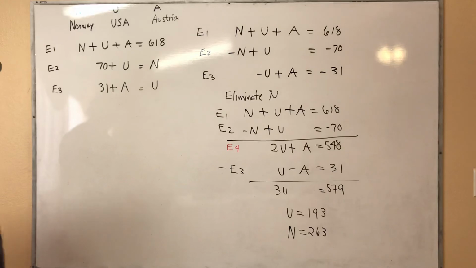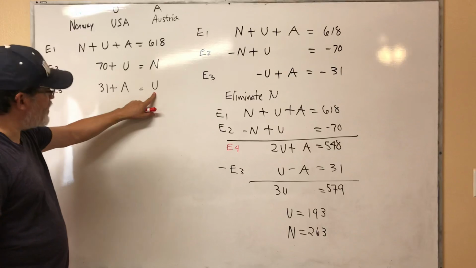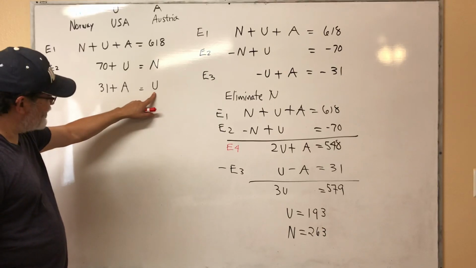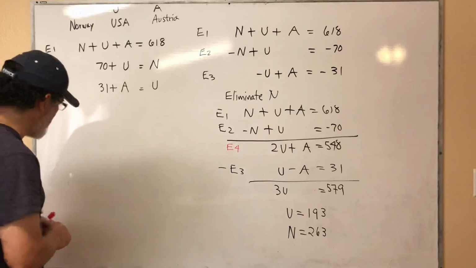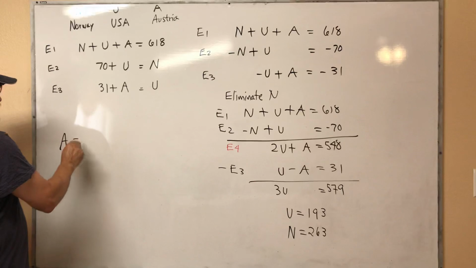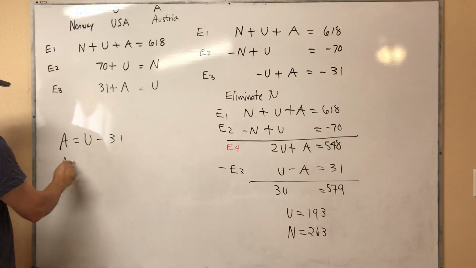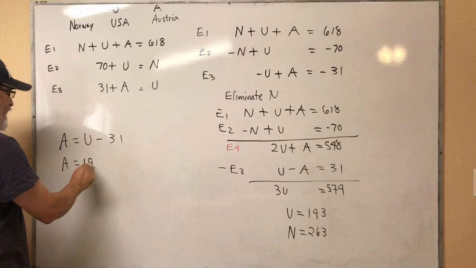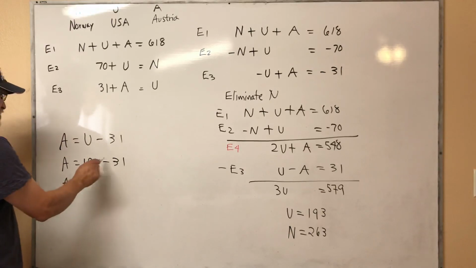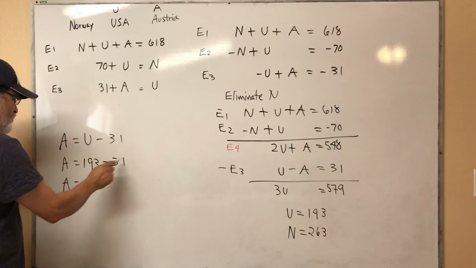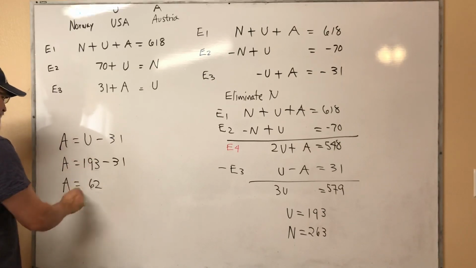Wait a minute. The United States is 193, right? So we can also get Austria, because Austria is the United States minus 31. 193 minus 31 is 162.